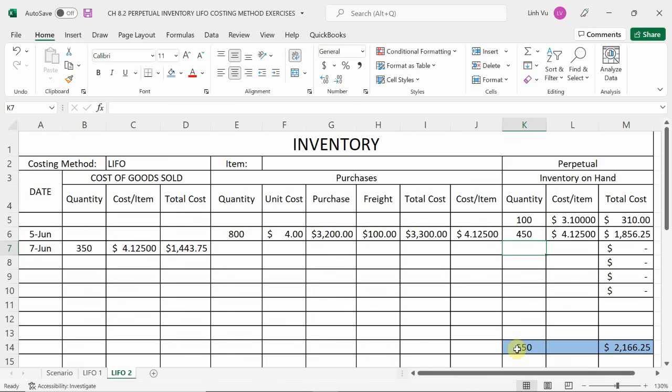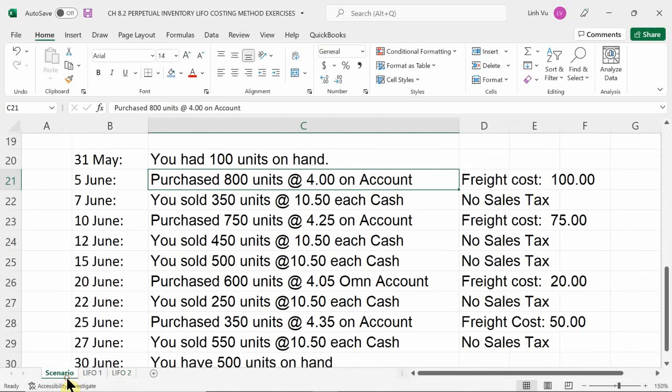Okay. So now we still have 550 units left available. Okay. So then June 10 rolls around. We purchased 750 units at $4.25 each with a freight of 75.